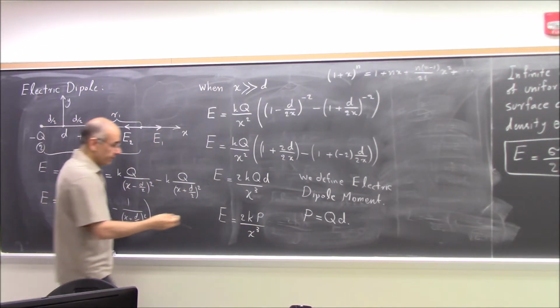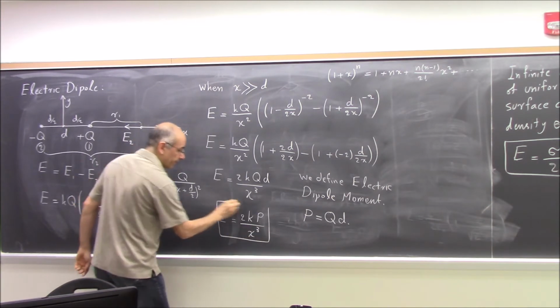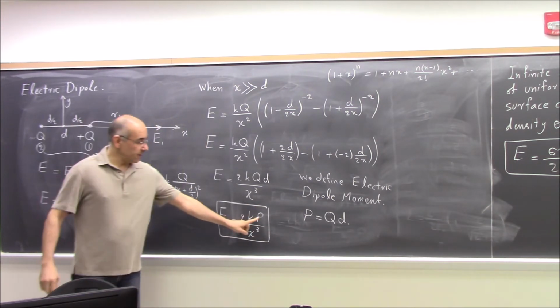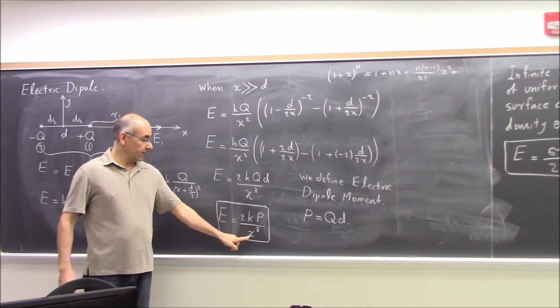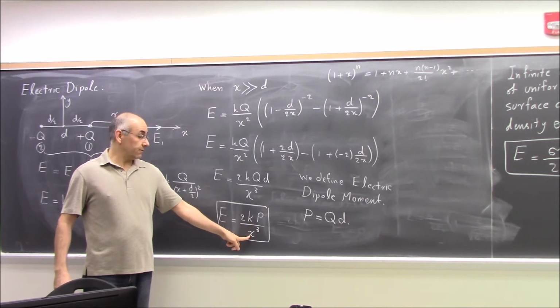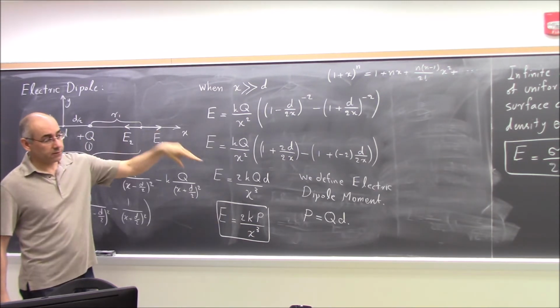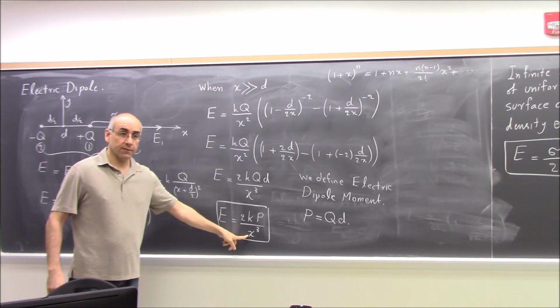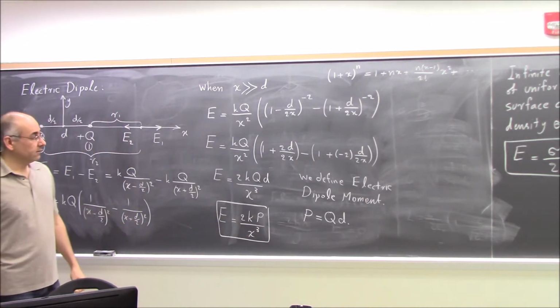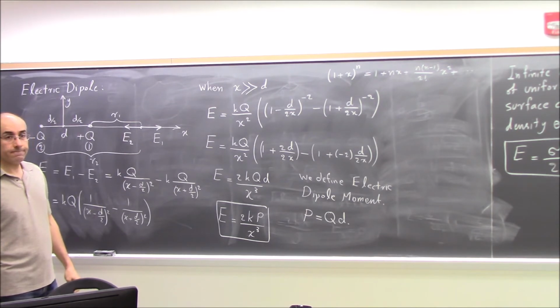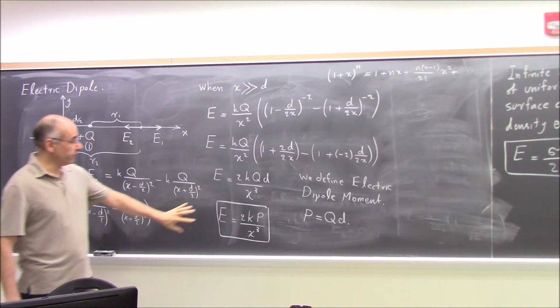So this electric field of a dipole depends on the dipole moment with a factor of 2k, and it drops with the cube of the distance. For a point charge, the electric field drops with the square of the distance. For a dipole, the electric field drops with the cube of the distance. And this is the main feature of this.